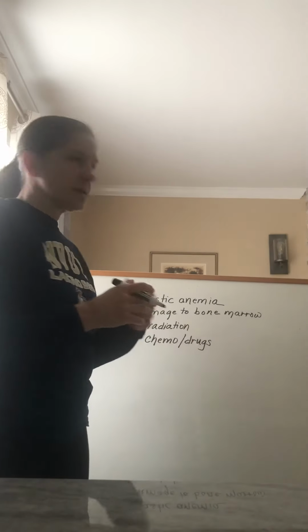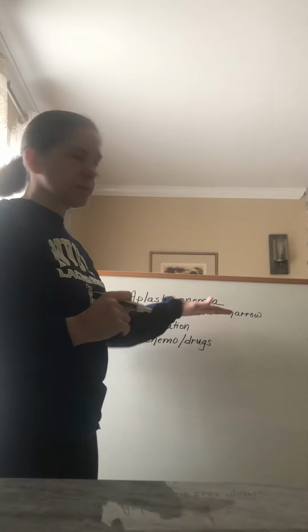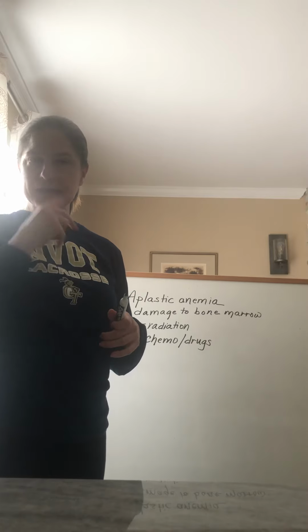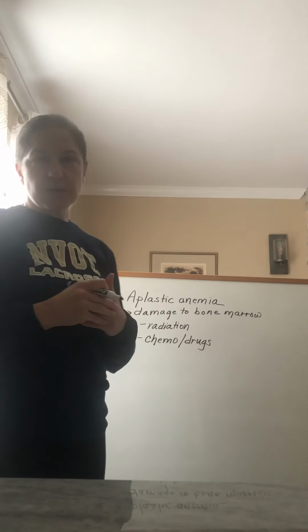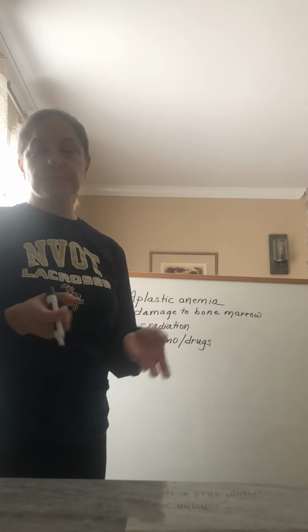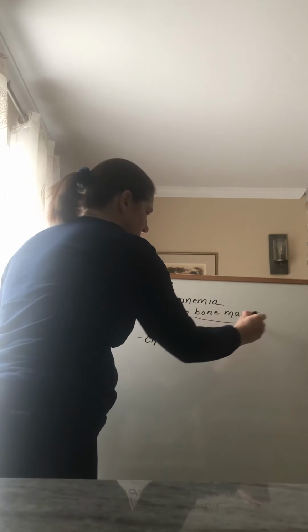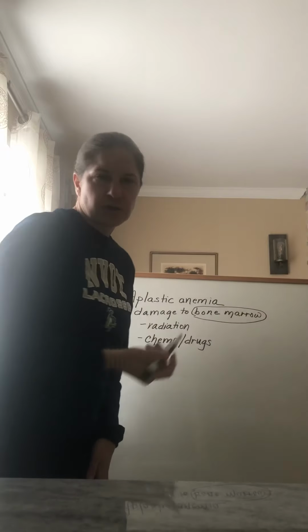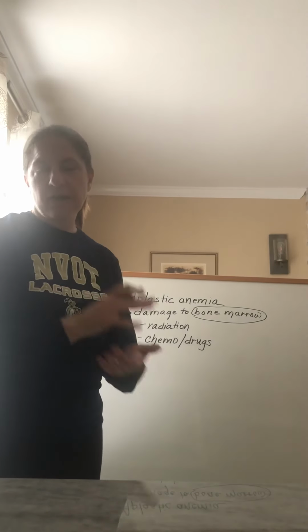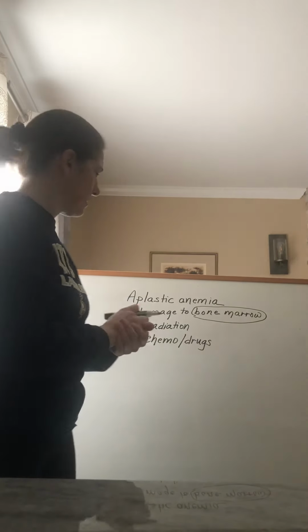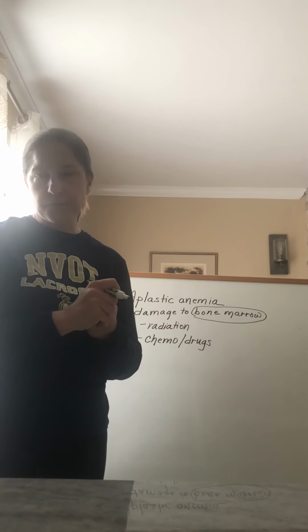In this case, it's not so much the erythrocytes, but it's really those bone marrow stem cells that are compromised. And so that's going to compromise the production of the formed elements of blood. Obviously, in this case, you'd have to address what's causing the damage to the bone marrow in the first place, and then have an appropriate treatment depending on what the root cause really is.